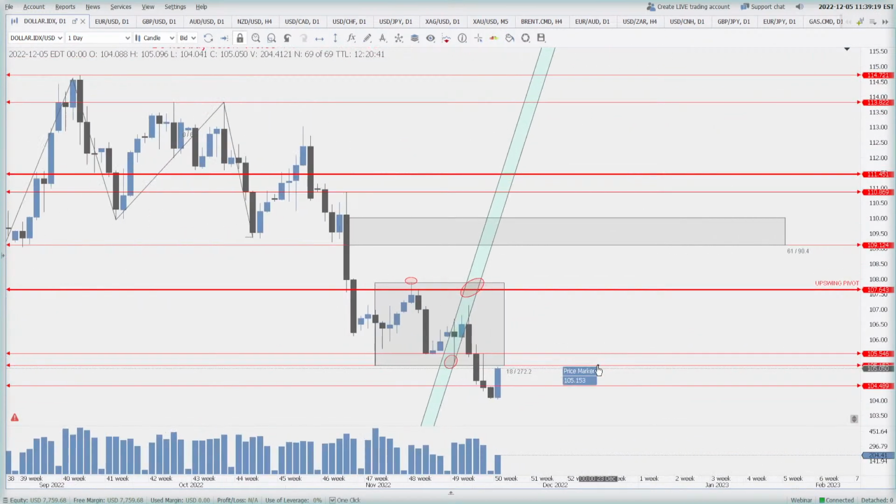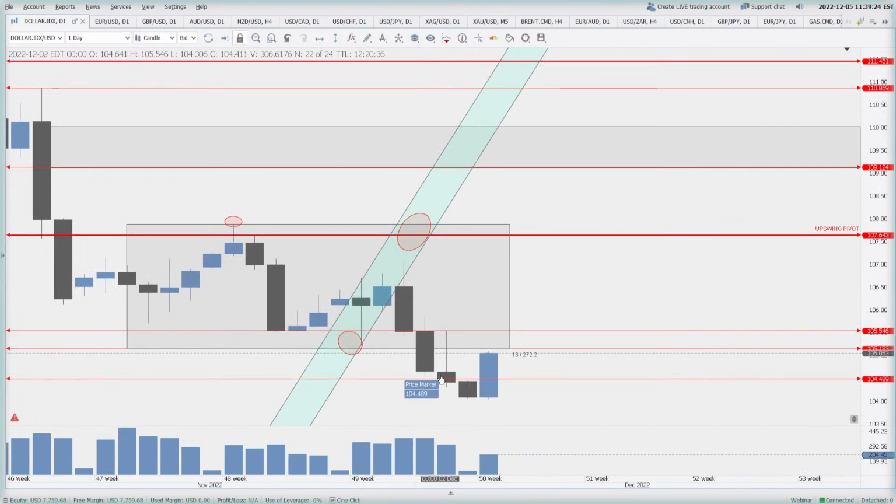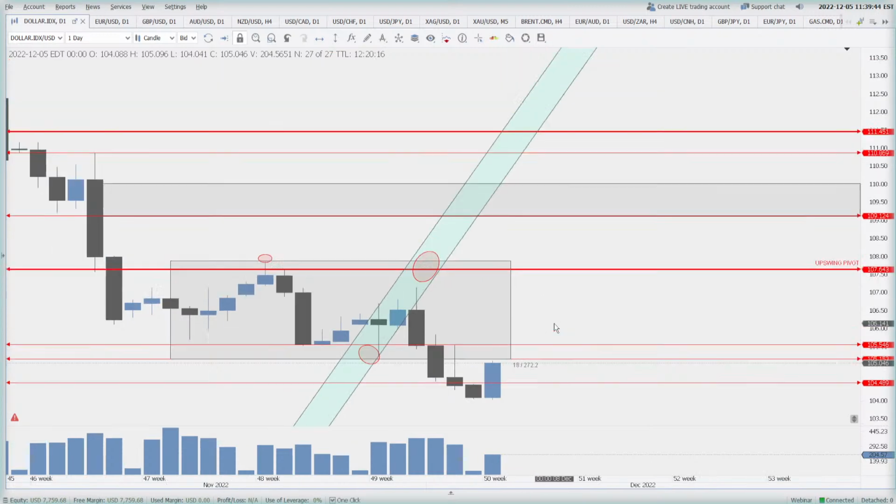So what we are looking for here is whether this high 105.54 sustains, does it stay like this? If it does not stay like this, then this will be like a breakout to the upside, and the price may return back towards 107.64 here in this area. All right, there is a huge chance that the price will start in this direction now.